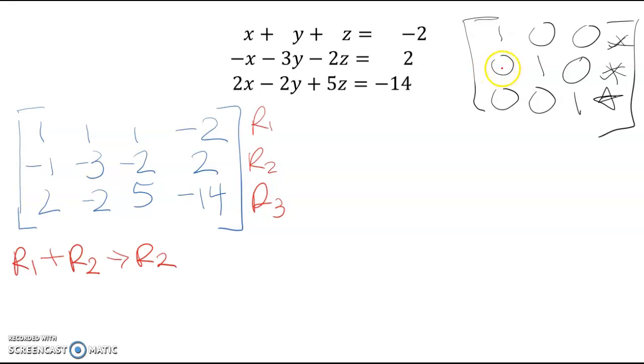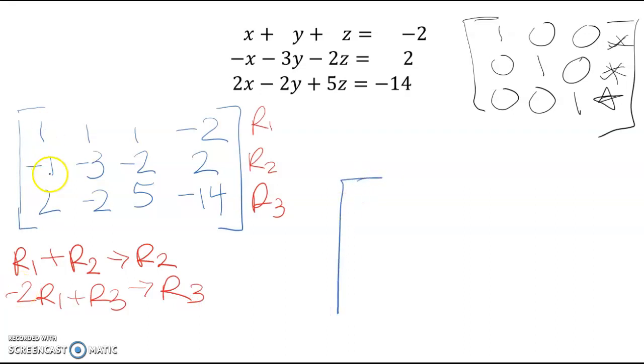Okay. Now, because I'm working on a 0, you can actually do both at the same time. So I know that if I do -2 times row 1 plus row 3, I can get a 0 in that bottom left corner as well. So I'm going to do both of those operations.